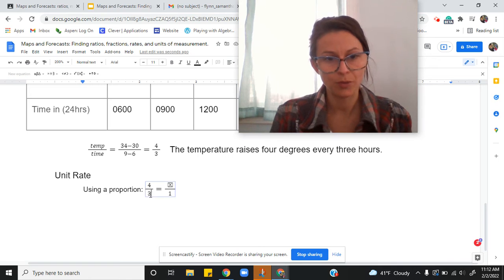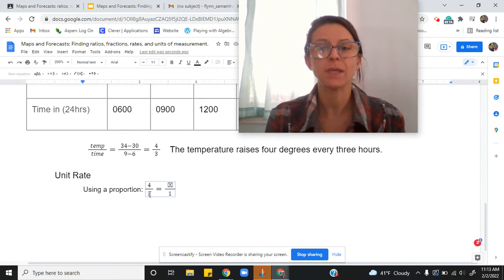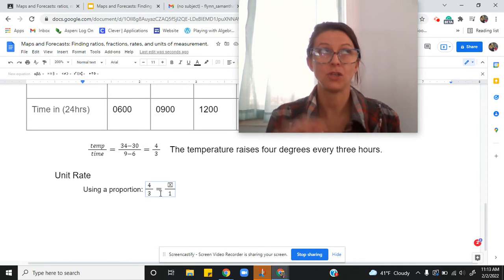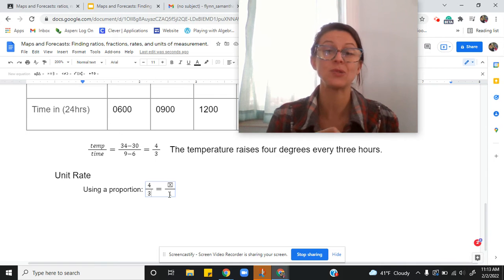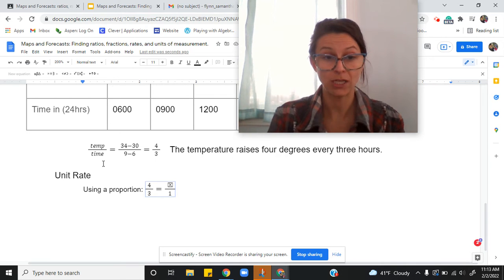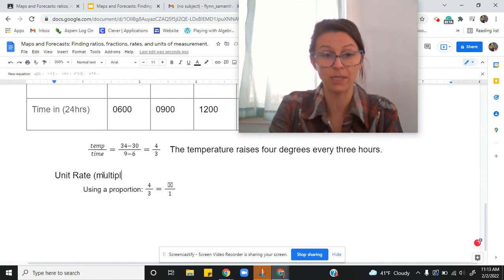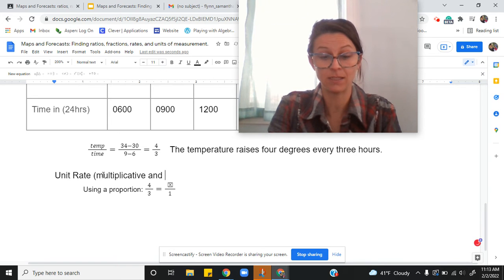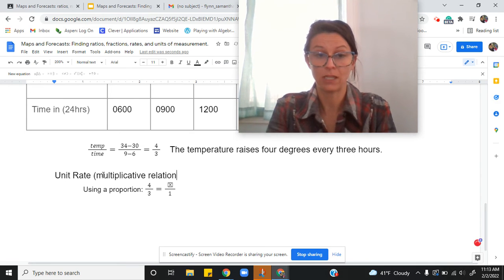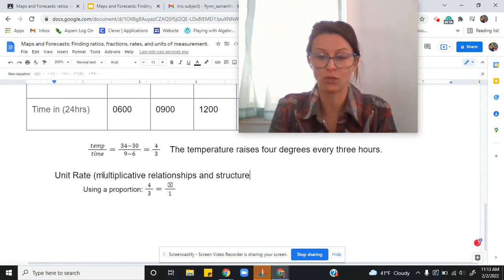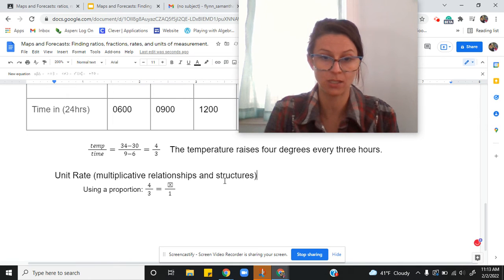What do I have to do to 3 using multiplication and division to get to 1? It's not subtract 2. We're not using an additive structure. Ratios and rates are multiplicative, and multiplication and division go together. Multiplicative relationships and structures, so you're relying heavily on multiplication and division.